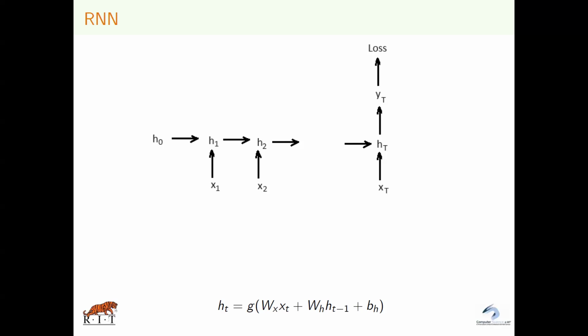And later, for example, if we solve a classification task, in my code example, we will predict the country of origin of a name, and that will be a classification task.